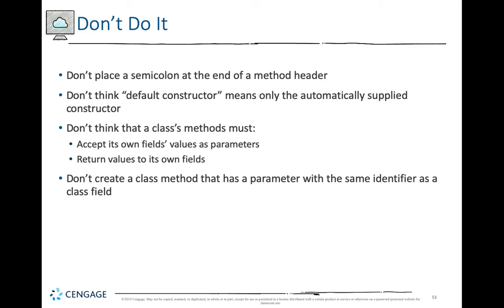Don't think that the class's method must accept its own fields with values or return values to its own fields. Sometimes the return method is not going to return anything. Sometimes people put nulls in there to return. You always check it. Don't create class methods that have a parameter with the same identifier as the class field.